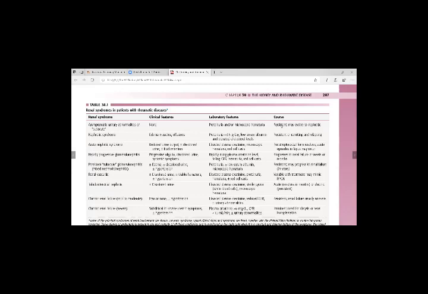If someone has persistent findings, then they may have a nephrotic syndrome. Then there will be a nephrotic syndrome, and acute nephritis syndrome. In nephrotic syndrome, what will happen? There will be edema of the legs, and then there will be ascites, and there will be effusions. Effusions mean pleural effusion, pericardial effusion.